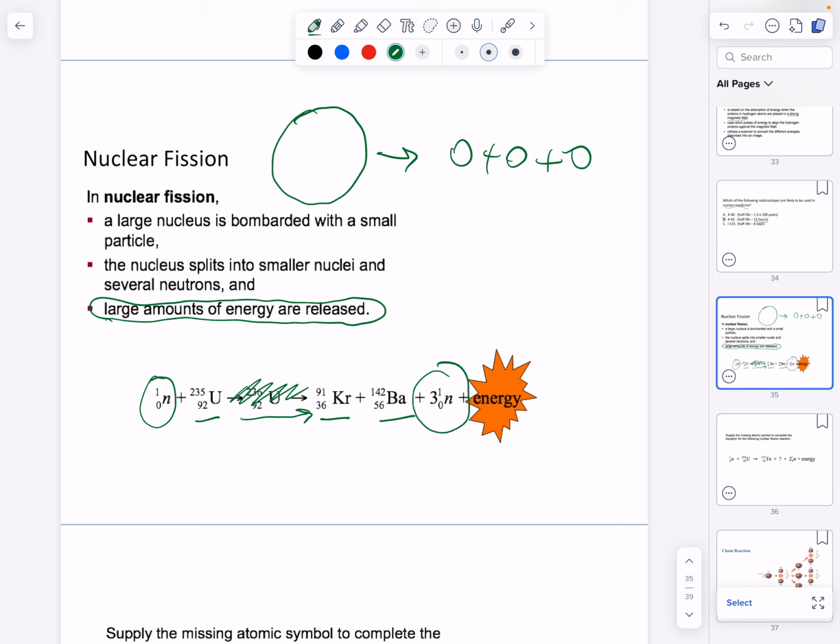The problem here is that the reaction was started by a neutron, and the products produced more neutrons. And this is a problem. Why?